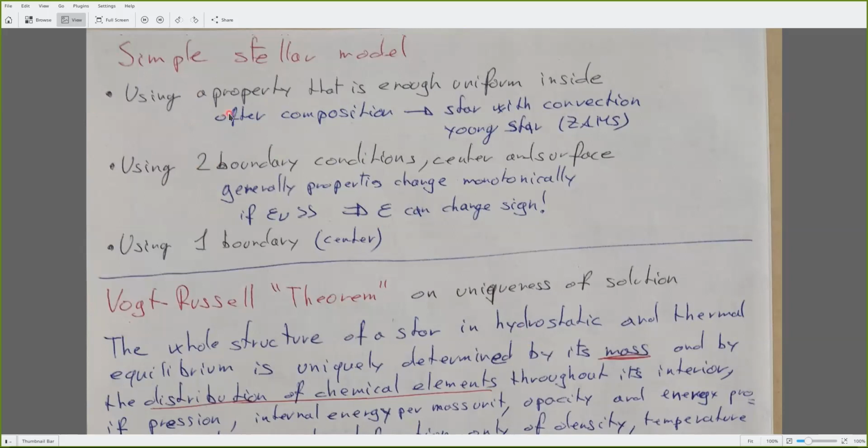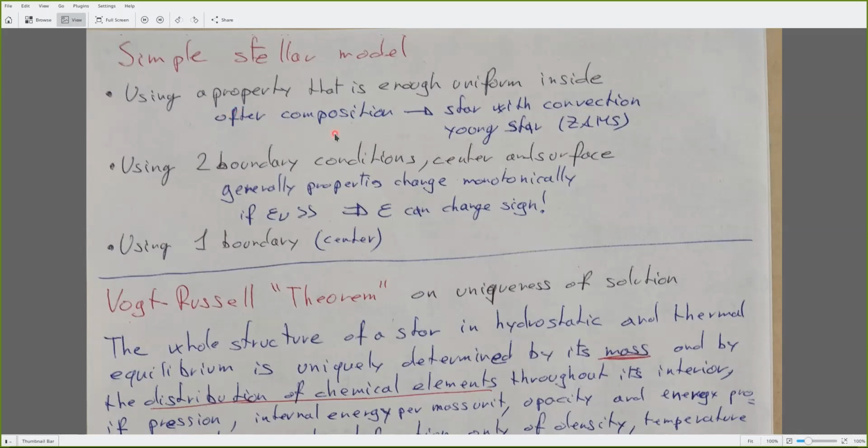One is using a property that is considered constant, one property. You can see that it is almost uniform inside, so put that as uniform and study the others. Obviously, temperature, pressure, density are not really good since they vary.